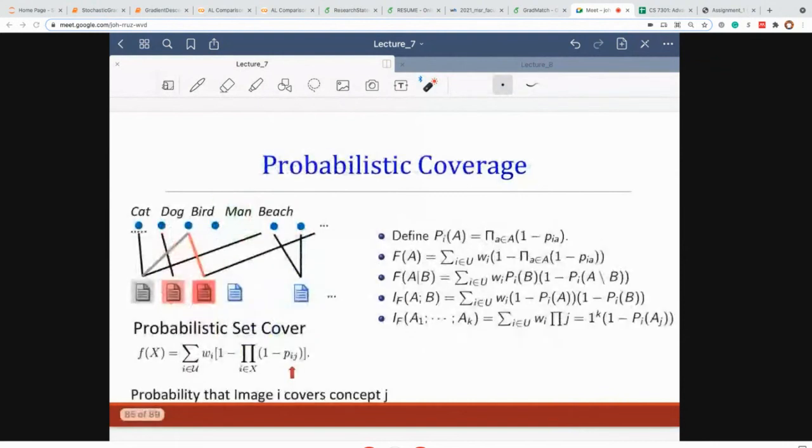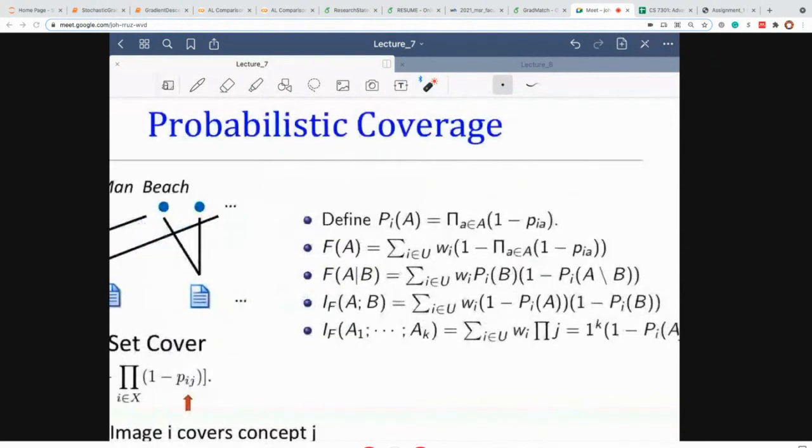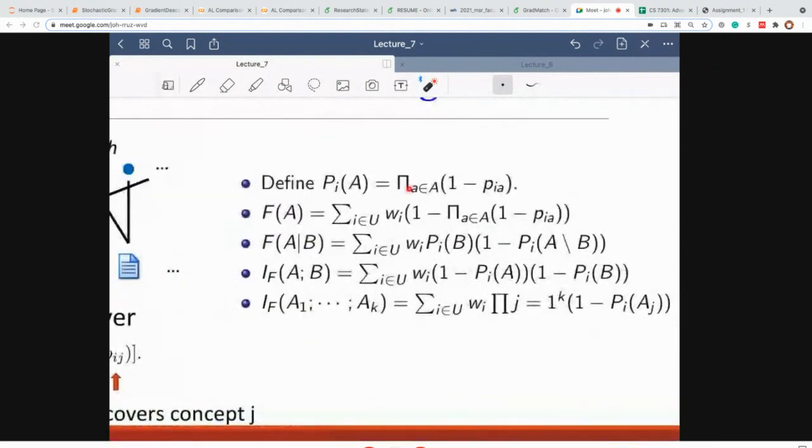Also, there is this expression for probabilistic coverage, which maybe in the interest of time I'll skip, but I'll just talk about this term. Recall that the probabilistic set cover is this, w_i times 1 minus p_i of A. So this term is nothing but p_i of A over here.